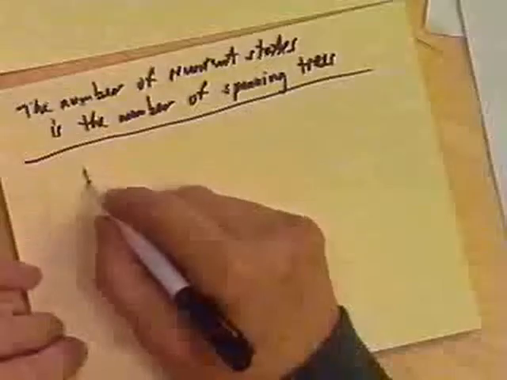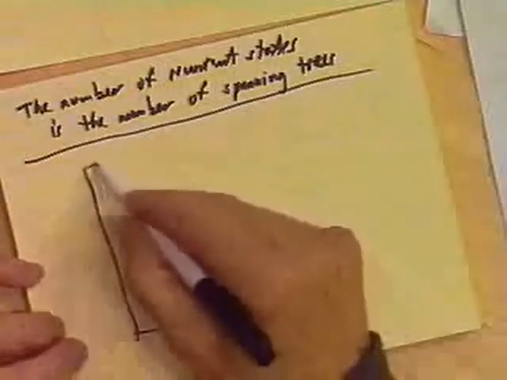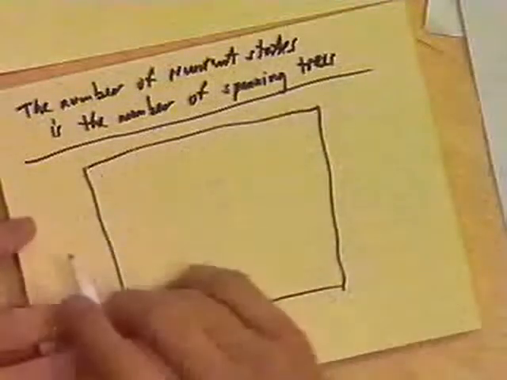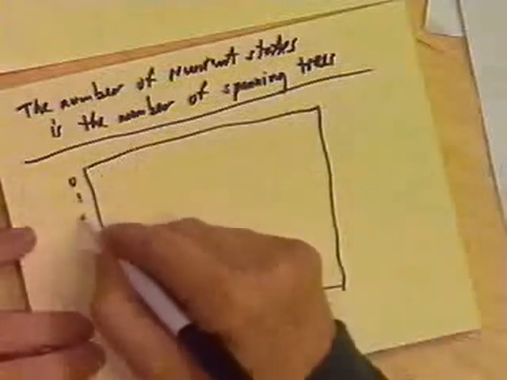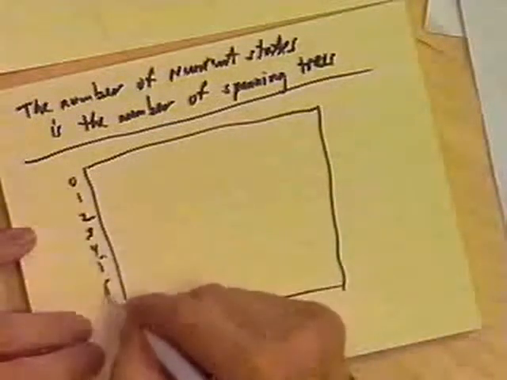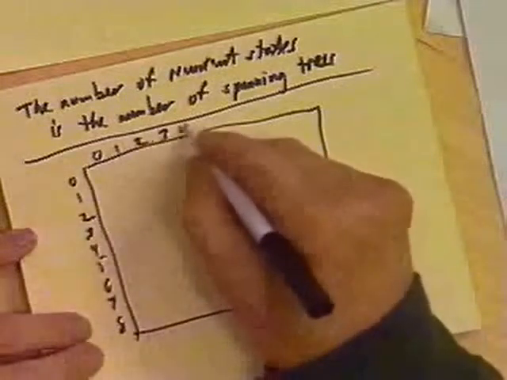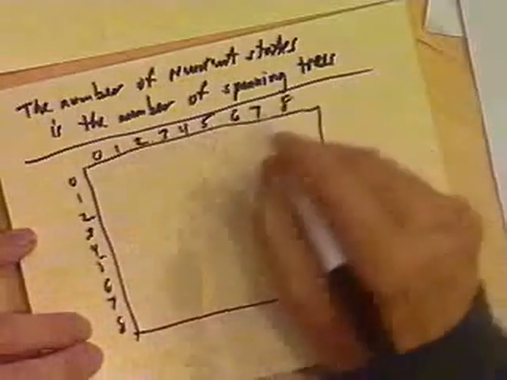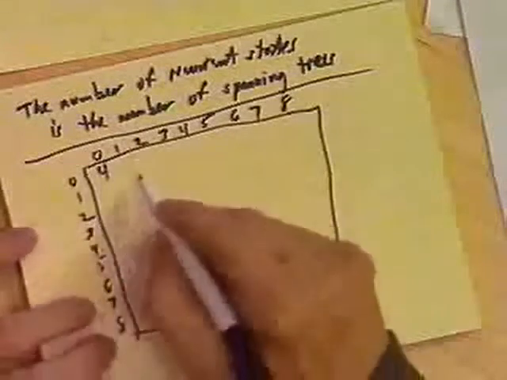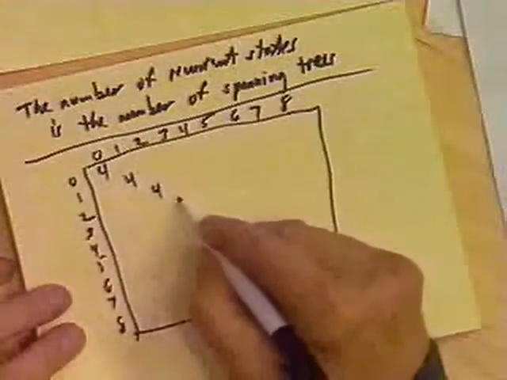The Laplacian matrix is a matrix where we have one row and column for every vertex of the graph, and then on the diagonal we put the degree, and it's 4. Everybody has degree 4 in this graph.